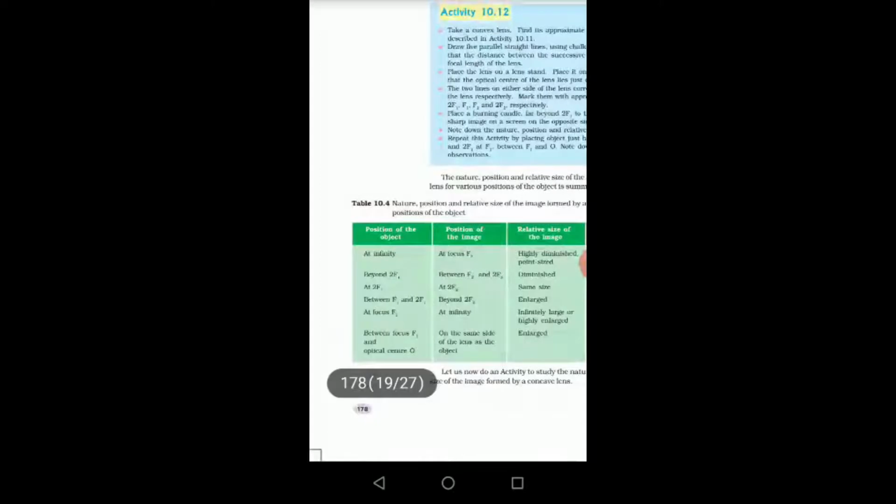Then fifth condition, when an object is placed at focus, the image is formed at number 1, infinity.